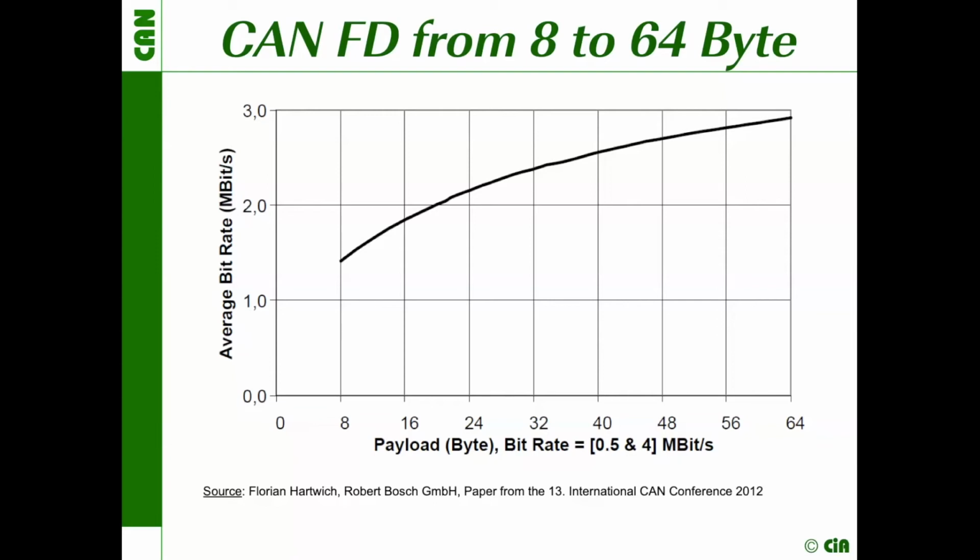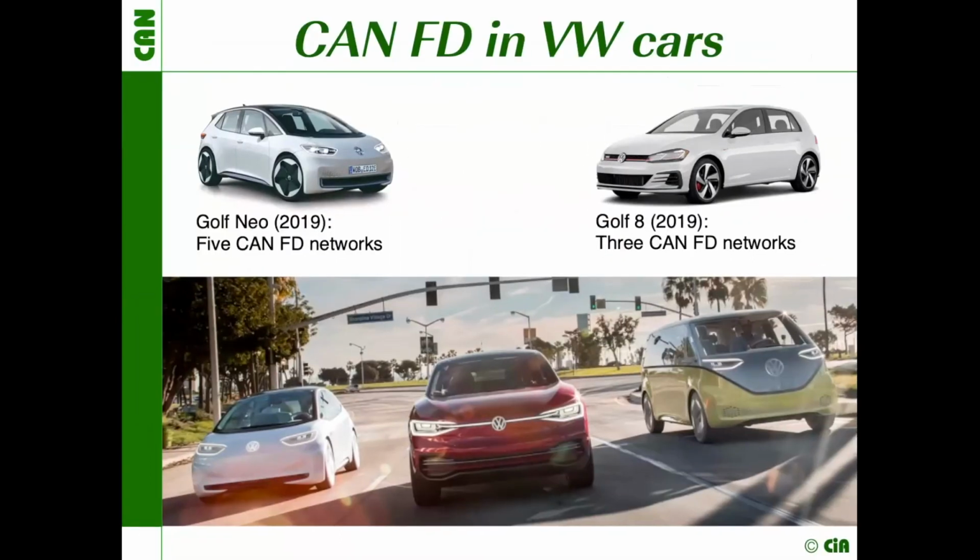So that means we have higher data throughput that reduces latency, that could increase accuracy for the drive. So with CAN FD, we can have better control, better networks.